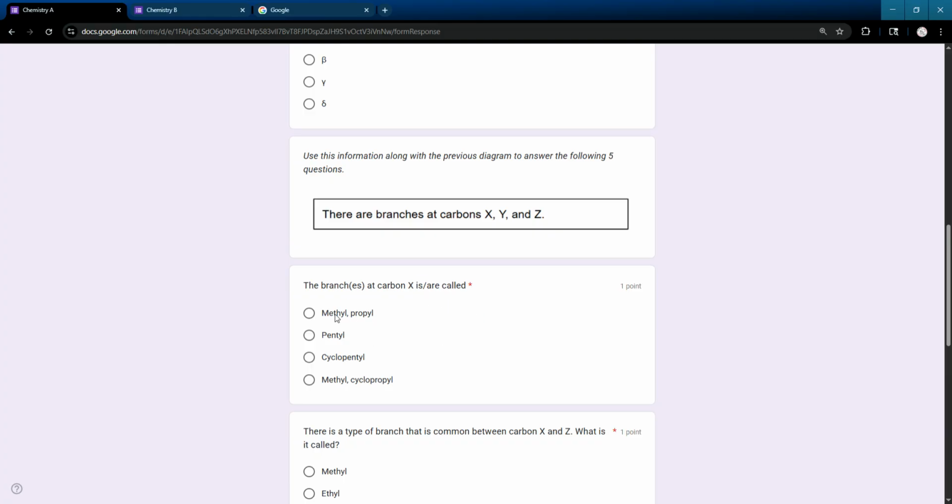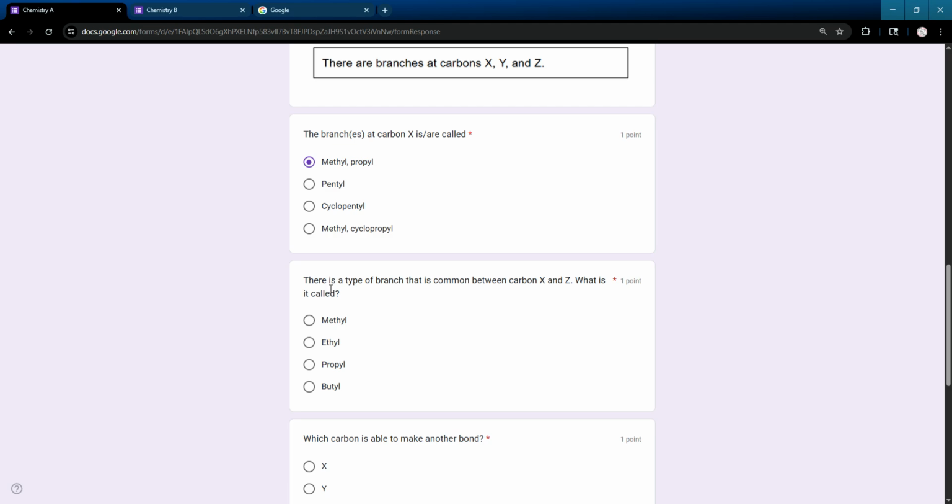So I assume there is 2. And that has to be either this one or this one. Propyl, cyclopropyl. I wonder which one it is. Okay, so we'll do some more study on this one.